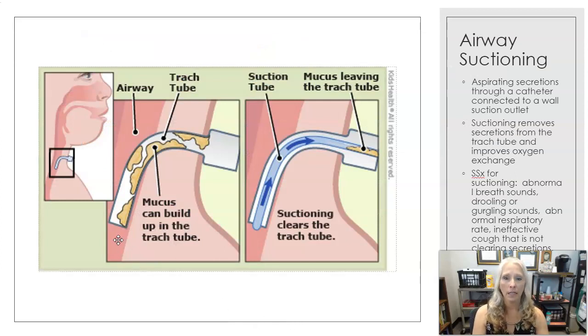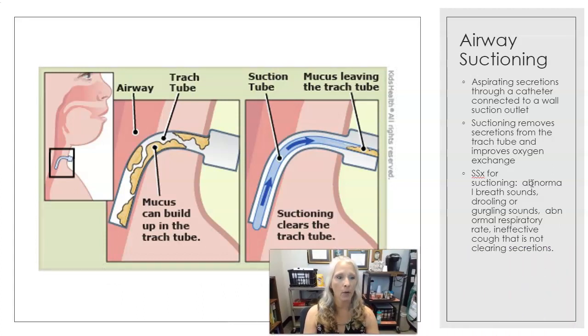Patients with lung diseases that are on a ventilator will still get buildup of mucus plugs. Sometimes the mucus will get up into their endotracheal tube, and these patients need to be suctioned. So suctioning is indicated anytime you hear abnormal breath sounds like drooling, gurgling, or bubbling sounds in the respiratory tract each time they take a breath.